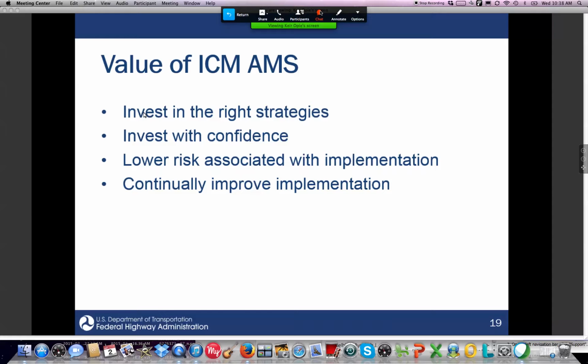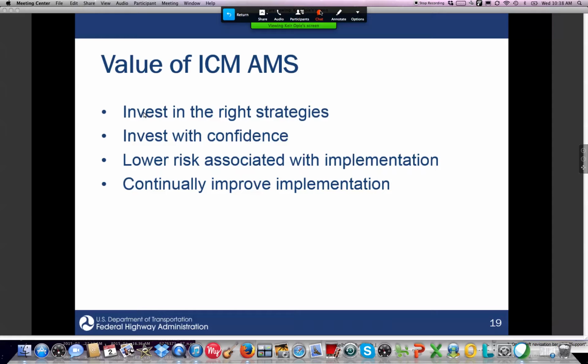Right. Are these modeling tools that can be utilized with confidence to compare project alternatives or strategies, within ICM itself, like you indicated, and ICM versus traditional capacity enhancement strategies?